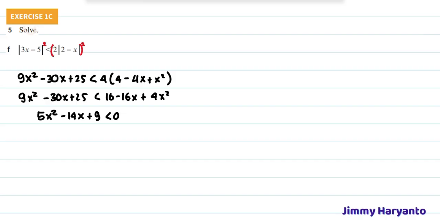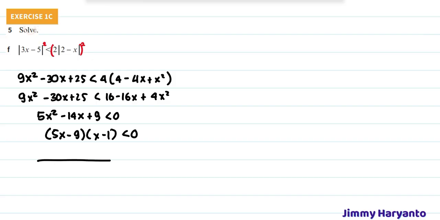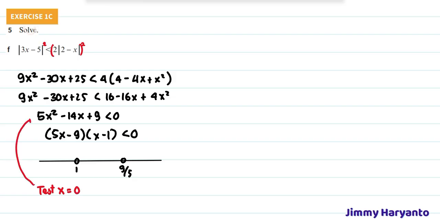And then do the factorization. Let me check it first. Yeah, we can factorize it. We will have 5x minus 9 and x minus 1 less than 0, and then you create the number line. This one is 1, this one is 9 over 5, and then you test any value of x. x equals 0 is the easiest. When you input it, you will have 0 minus 0 plus 9, and the result is positive 9, right?